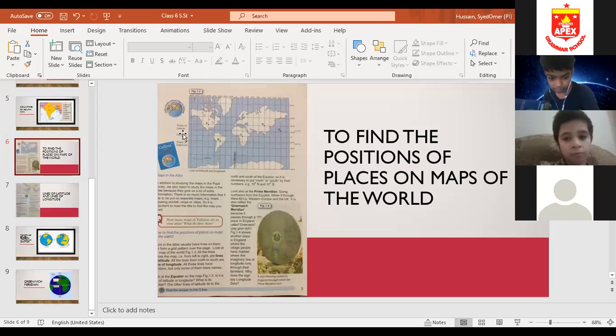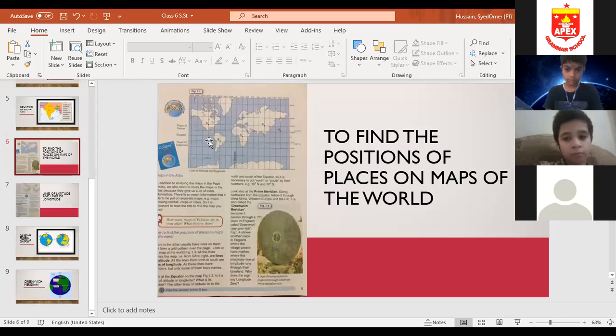A is present at 100° west and 40° north. You can match this line with this line and the dot. The dot is telling us that we have to match the right side with the top line. So it becomes 40° north and 100° west.